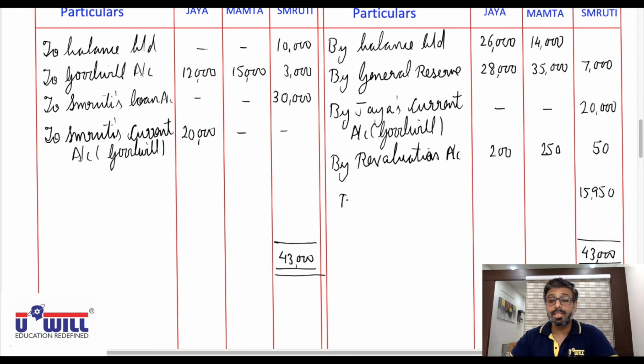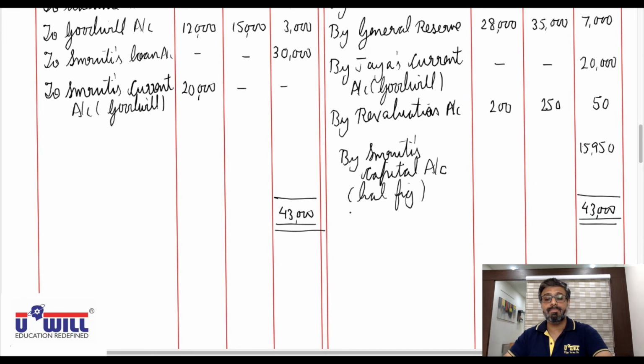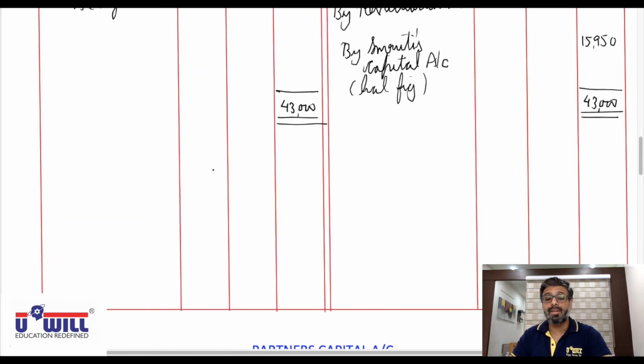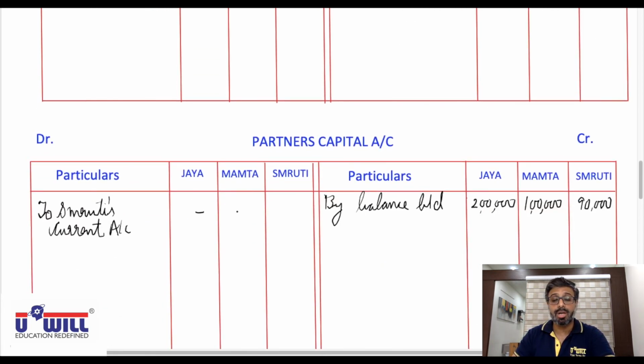By Smriti's capital account, you transfer the balance to Smriti's capital in bracket balancing figure. Opposite side in partners' capital, you write on debit side to Smriti's current account, 15,950 in Smriti's column.